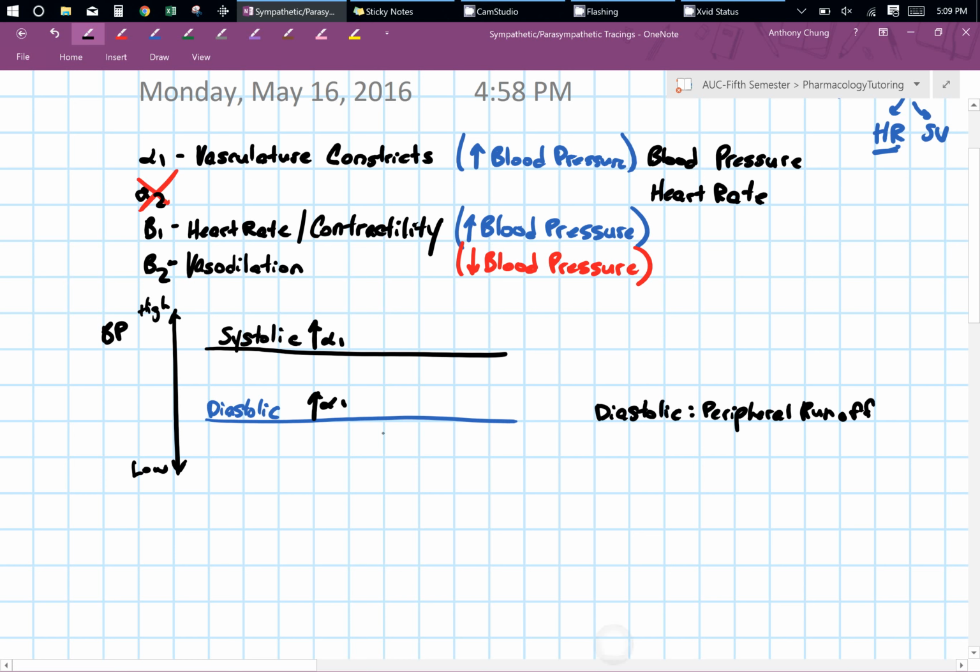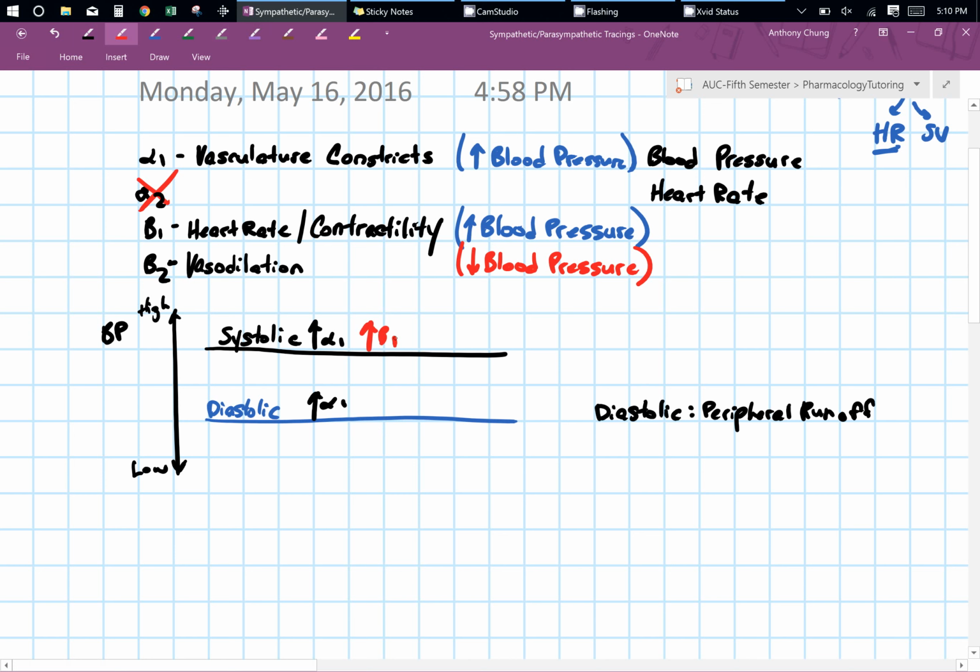No, because diastolic is your peripheral runoff, and peripheral runoff is a function of resistance. So beta 1 has to be an increase of systolic. Alrighty? So beta 1 by itself is increased systolic.